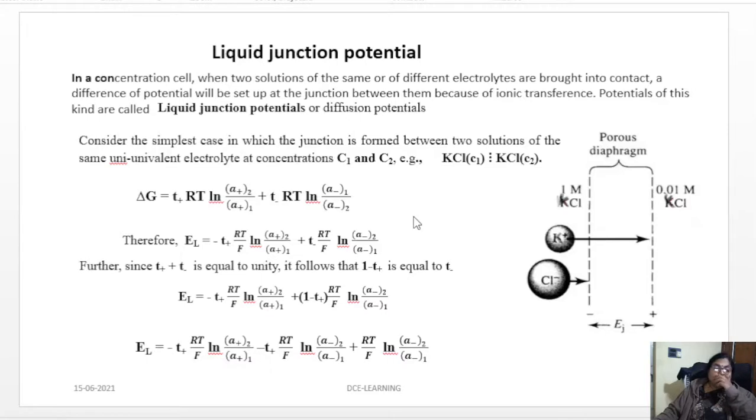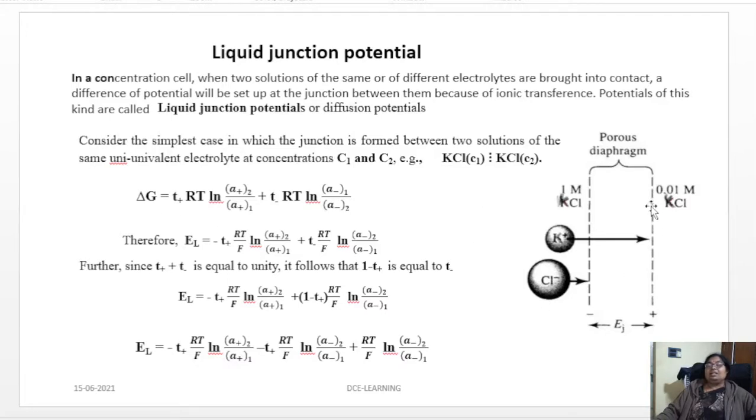From that you get delta G, the change in free energy, as a summation of the transference of the cation and the transference of the anion.